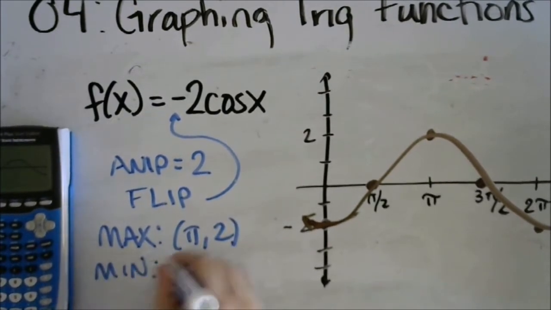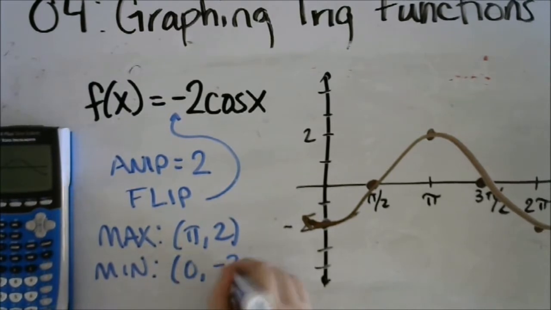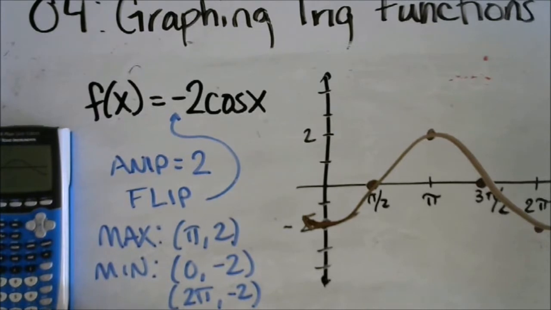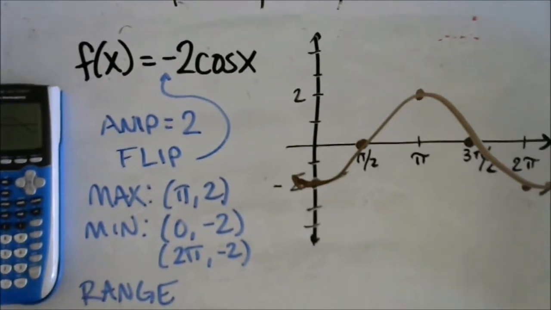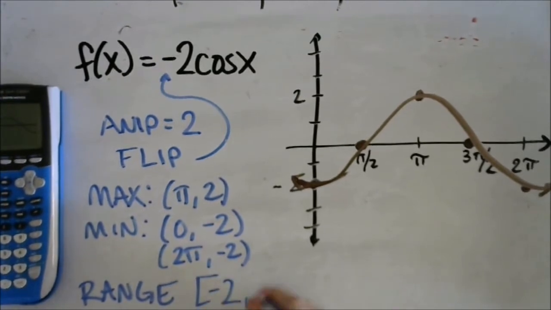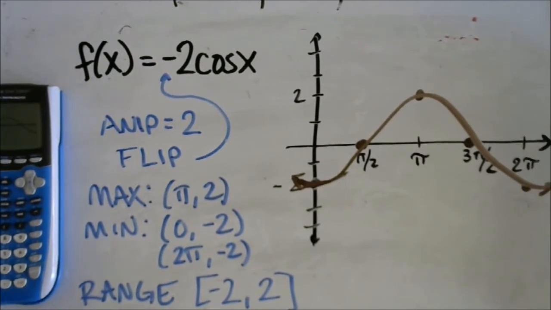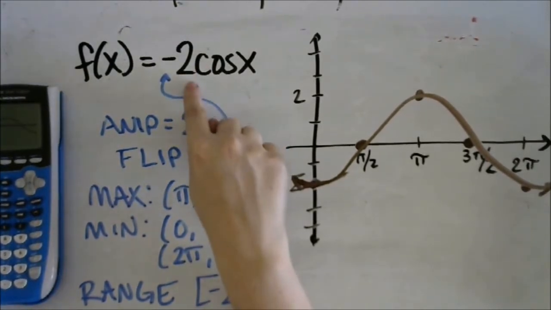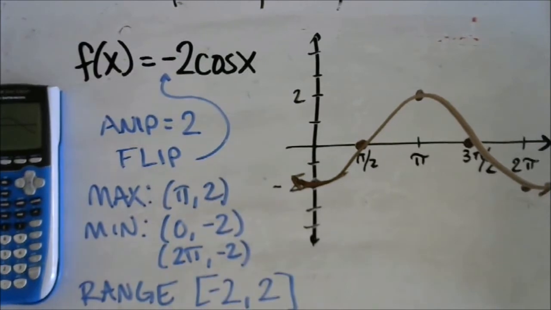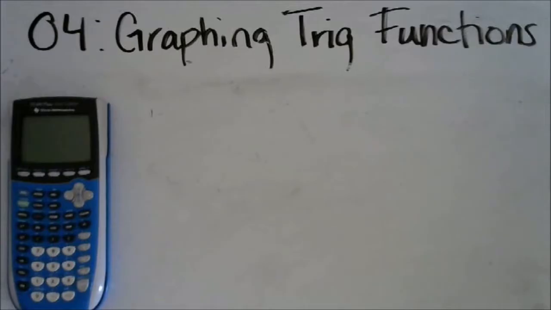Our minimums are 0, negative 2, and 2 pi, negative 2, and our range is negative 2 to 2. We've now completed 2 examples involving only a shift in amplitude. Let's take a look at what happens when we change the period of our graphs.